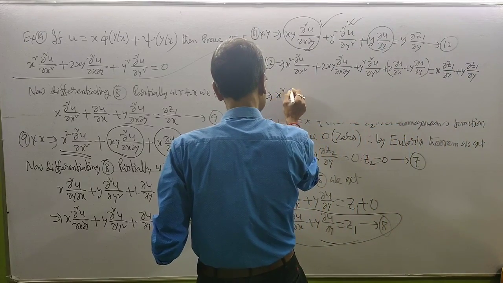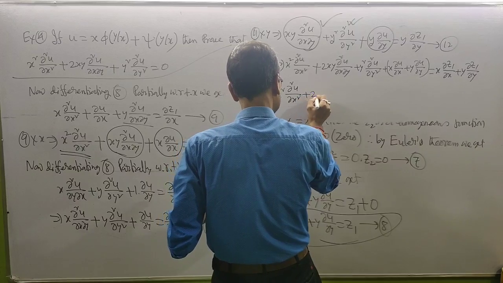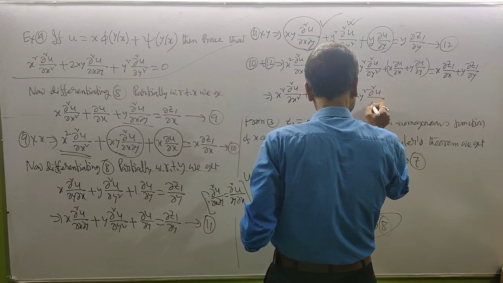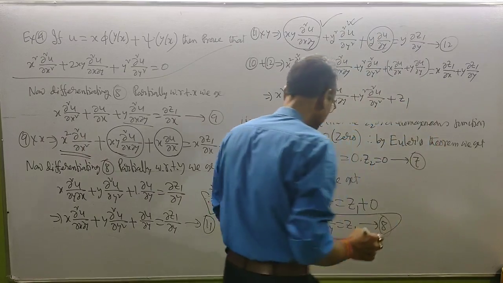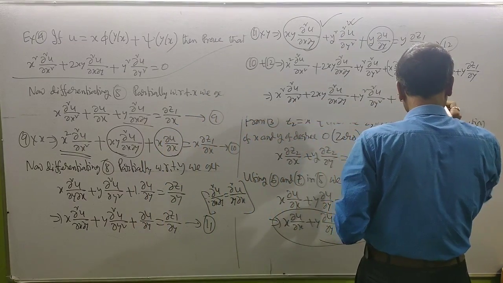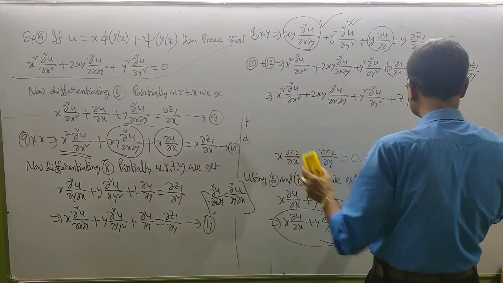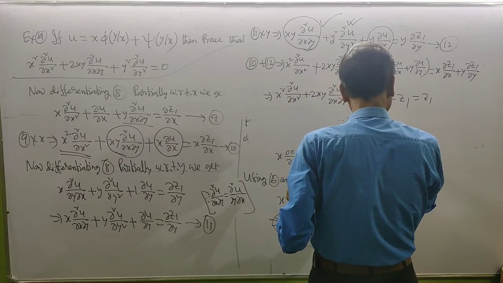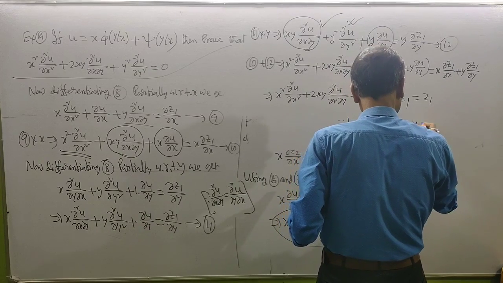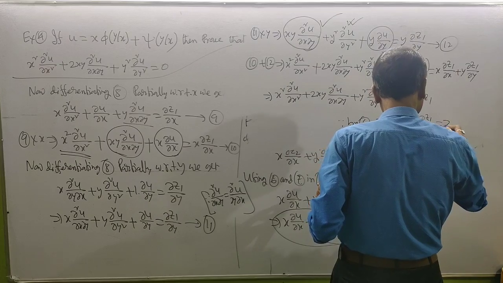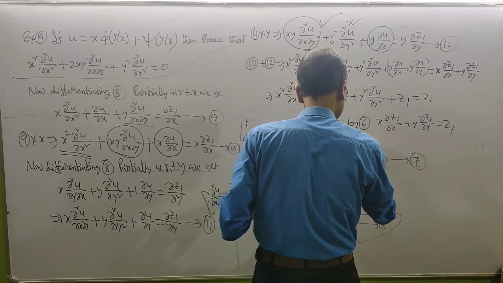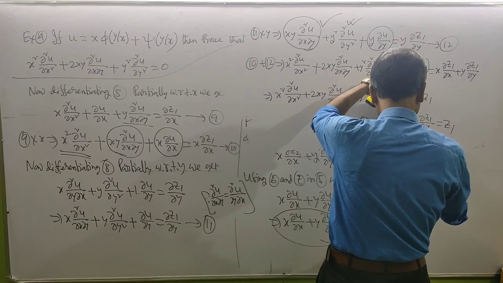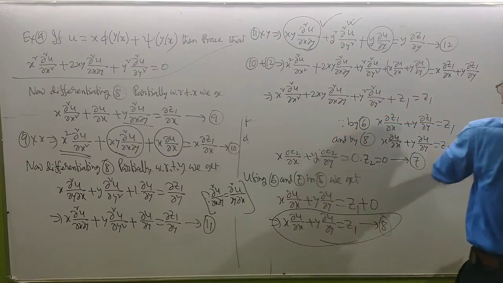This means x² ∂²u/∂x² + 2xy ∂²u/∂x∂y + y² ∂²u/∂y² plus z1 by 8 is equal to z1 by 6, since x ∂u/∂x + y ∂u/∂y equals z1.